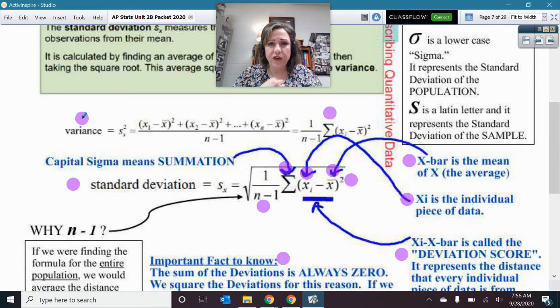Okay, we don't use variance very much in this class. We use standard deviation much more. But you do need to know the vocabulary that variance is the square of that standard deviation right here. Variance is what you have before you square root it.